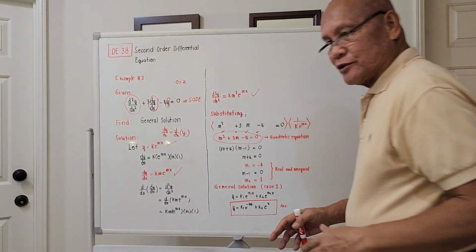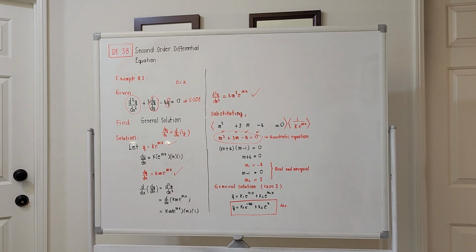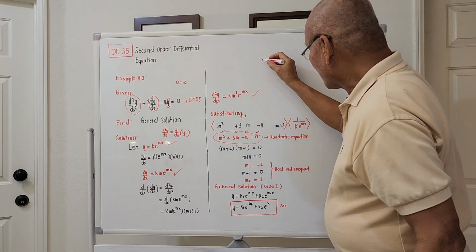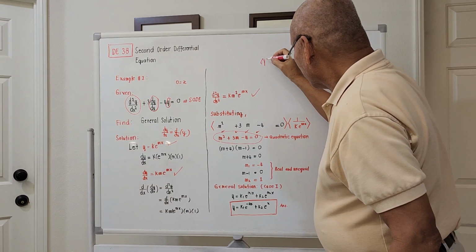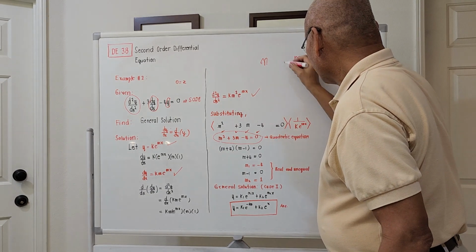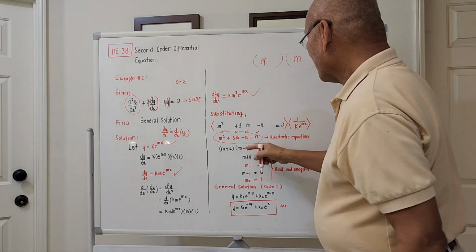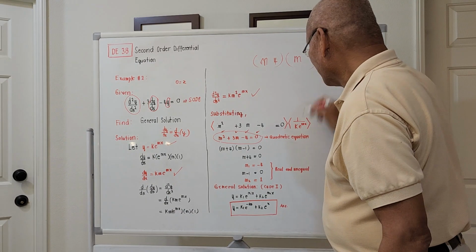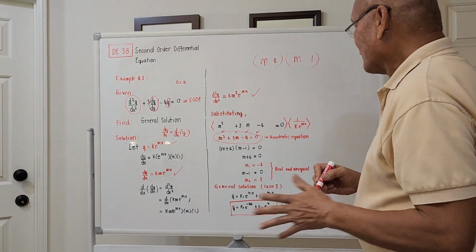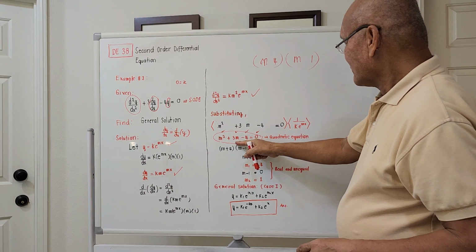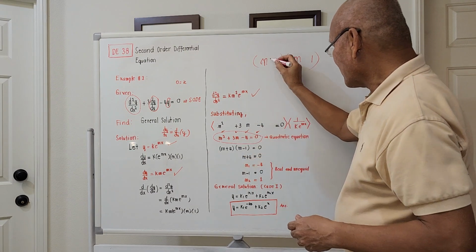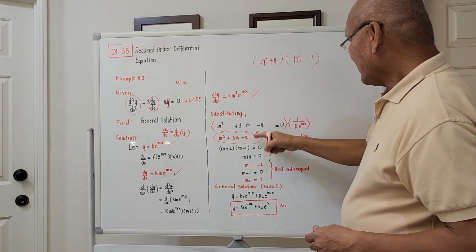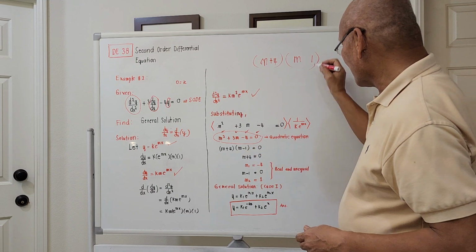If we factor by inspection, the possible factors of m squared are m and m. The possible factors of 4 are 4 and 1. Checking the middle term, which should be 3m, the 4 here should be plus and this one should be minus.